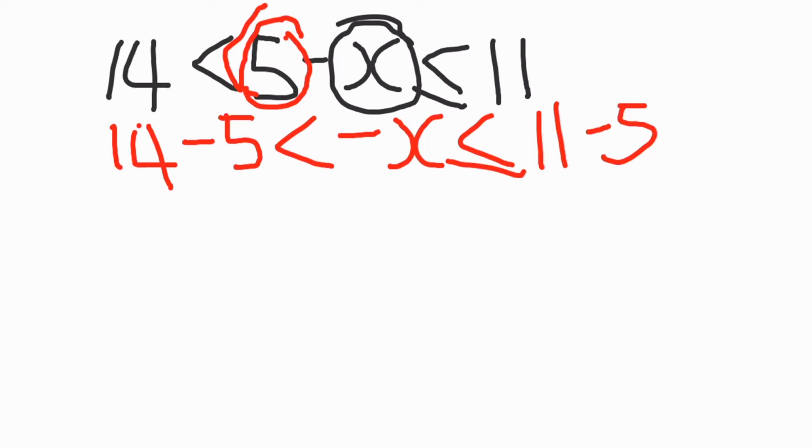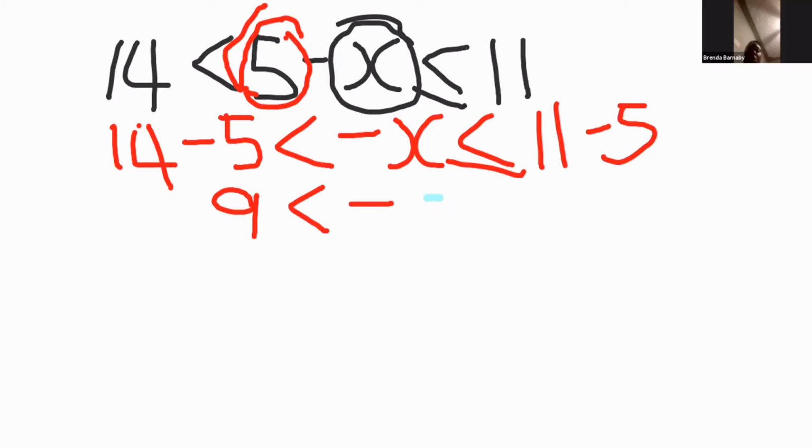So you should have 9 being less than negative x. Sir, how did the 9 come in? Because you take away 5 from 14. Right?